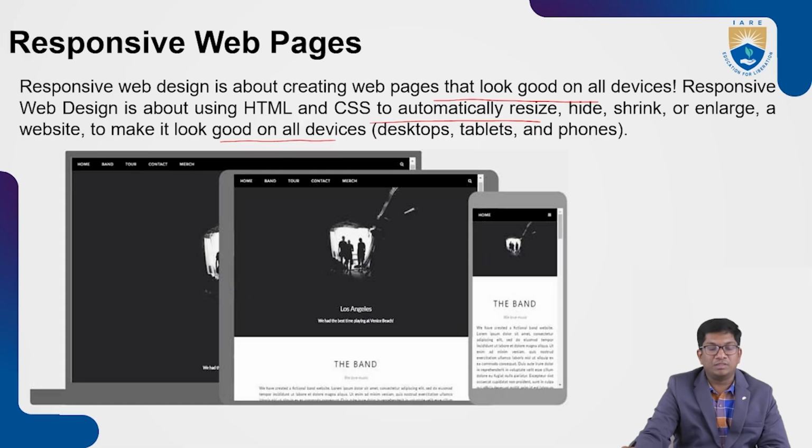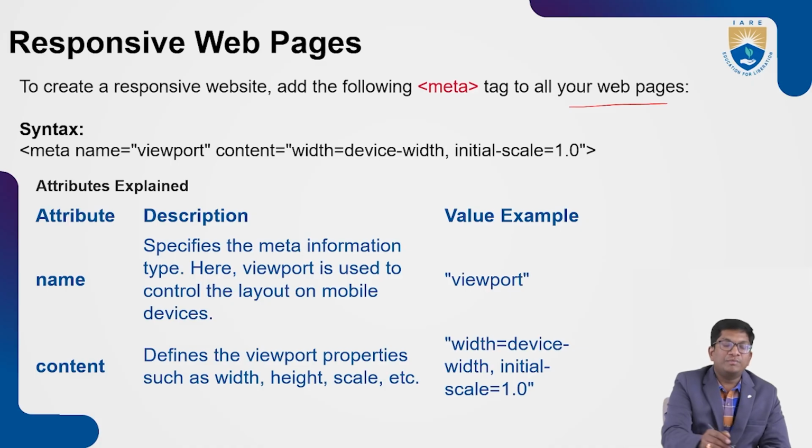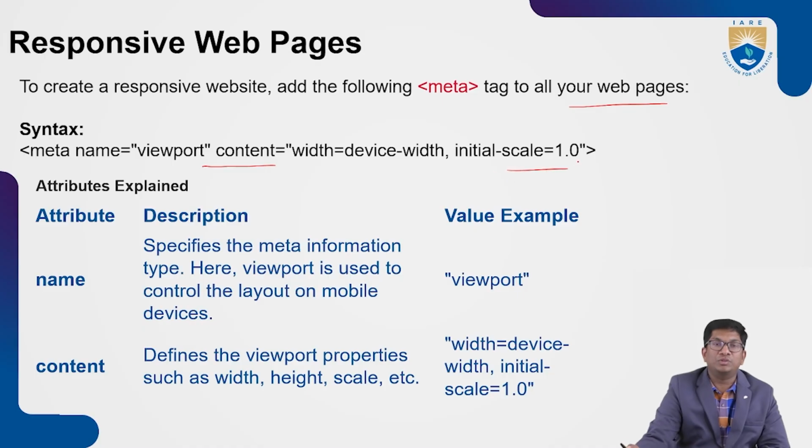To create a responsive web page, add the following meta tag to all your web pages. In HTML5, we have the meta tag with name equal to viewport, and content equal to width=device-width, initial-scale=1.0.